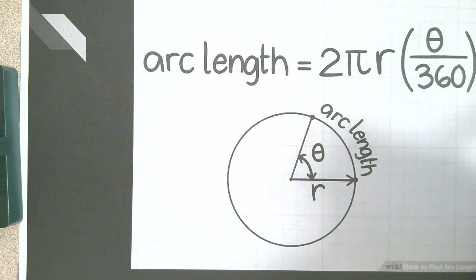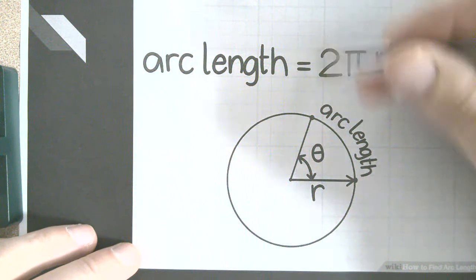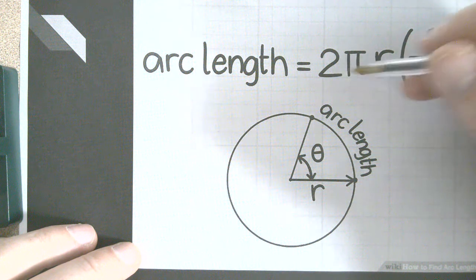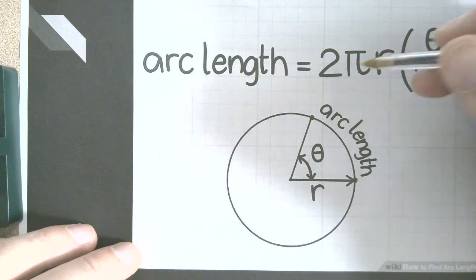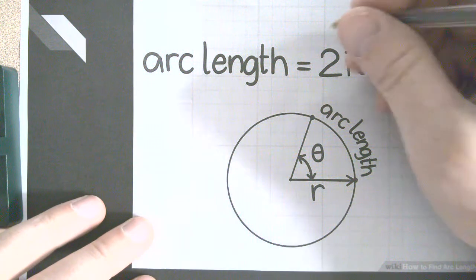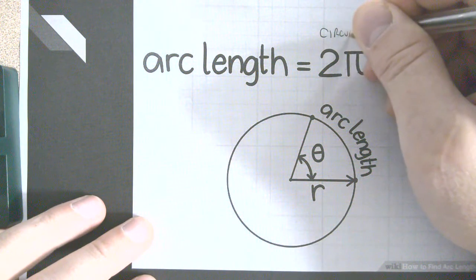That's what we're calling arc length. Now, the formula is 2 pi r times theta over 360. The 2 pi r should look familiar to you. 2 pi r is the circumference of a circle. So that's where that's coming from.